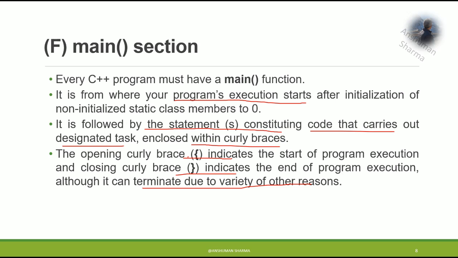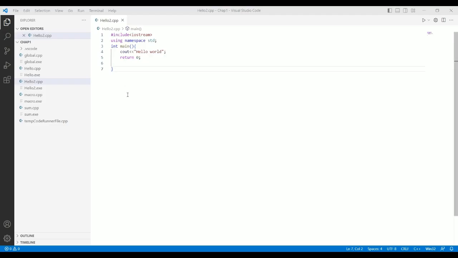It is not mandatory to write a return 0 statement, because it is optional, but you should return so that it is considered that you are returning some value. It cannot be called recursively, nor can its address be taken. We'll be discussing some programs in this context, on how this particular task is executed. So we'll now switch over to the programs.